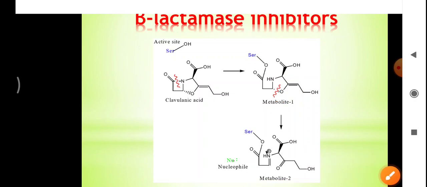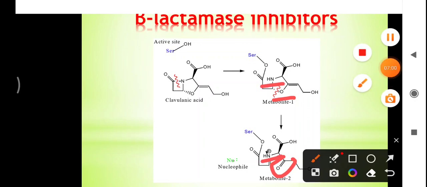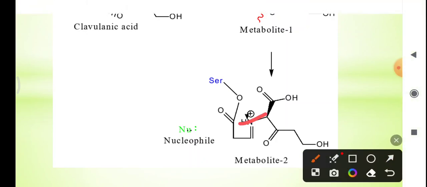In this ring, this enol is converted to the ketone, and this amine is converted to imine. The metabolite 2 is very important because it has a positive charge on nitrogen. So it needs a negatively charged nucleophile for the strong interaction, which is already available in the enzyme. So both of them make a strong interaction to inhibit the enzyme irreversibly, and this is the reason why these drugs are known as suicidal inhibitors.